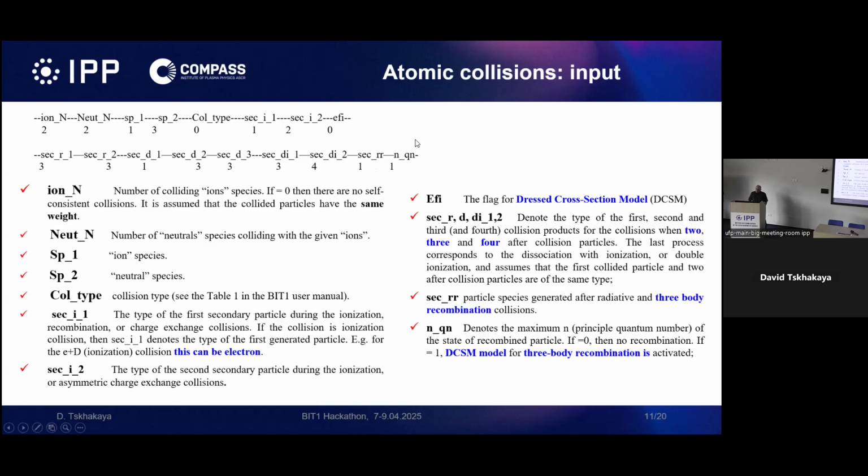And this specifies the accuracy of your calculation, because in principle you can have the generated atom in different quantum levels, and this defines how many quantum levels to take into account. But more importantly, if you specify 1, it switches to the dressed cross-section method, which I'll describe below, which is much more accurate and takes multi-million interactions into account.